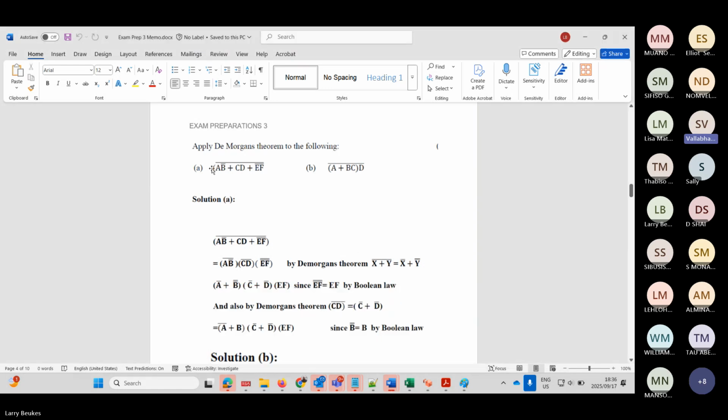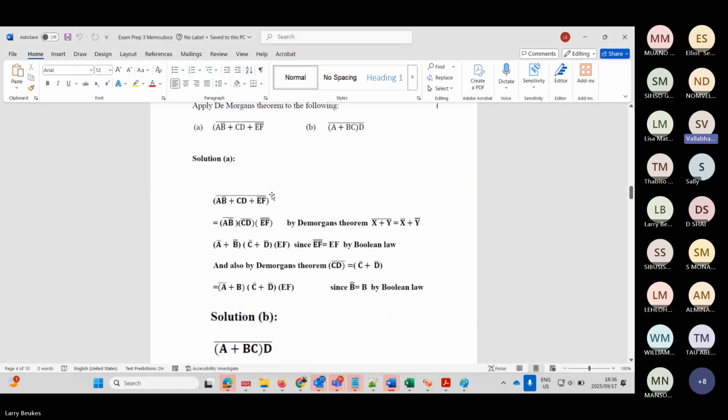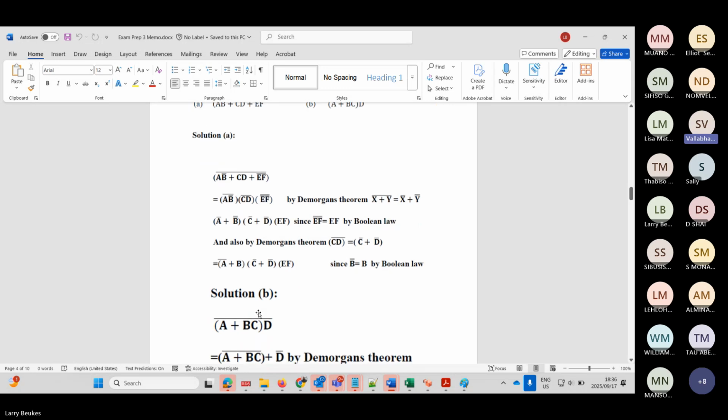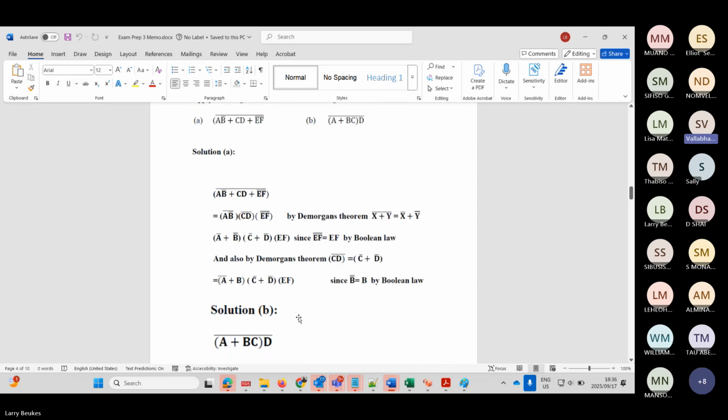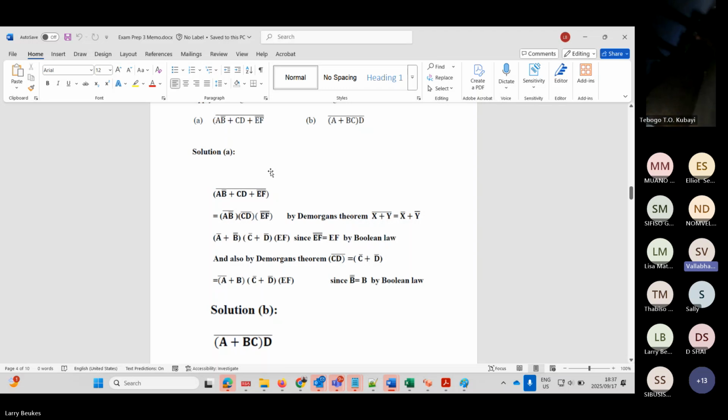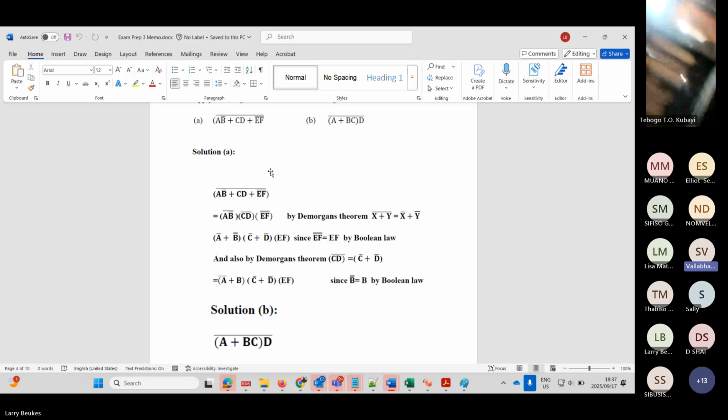And also, when you're applying De Morgan's theorem to expressions, you must be familiar with Boolean laws. See, for this example, you have AB bar plus CD plus EF bar whole bar. By De Morgan's theorem, you take each as one term: AB bar is one, CD is one, EF bar is one.